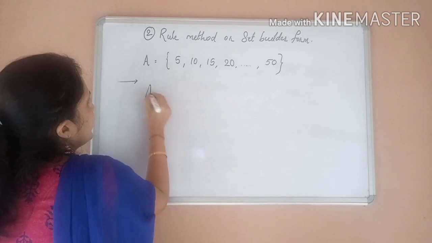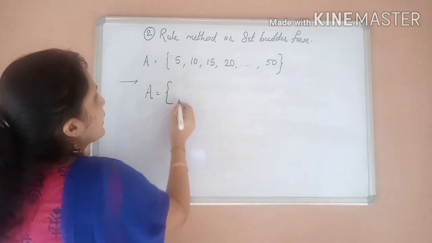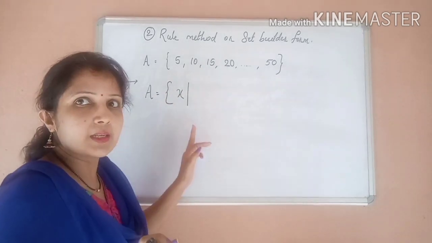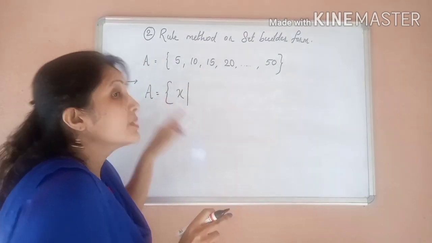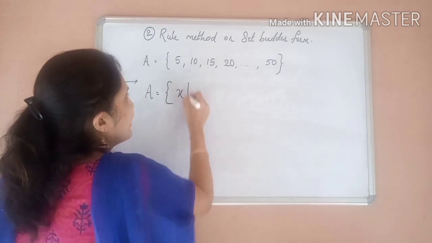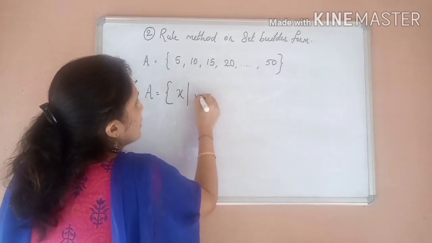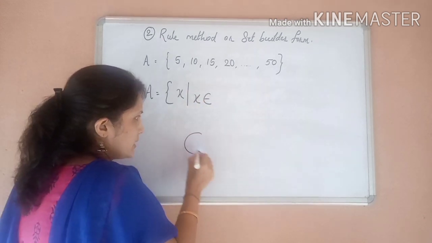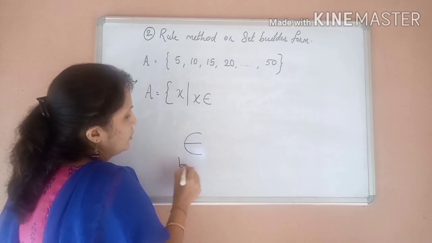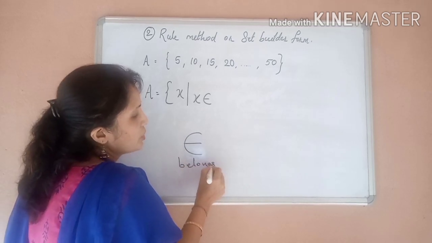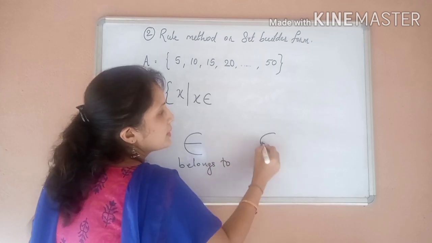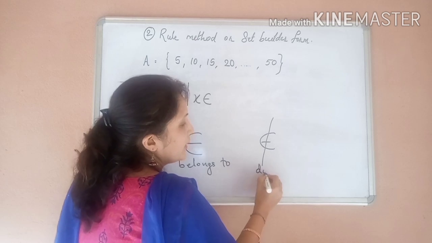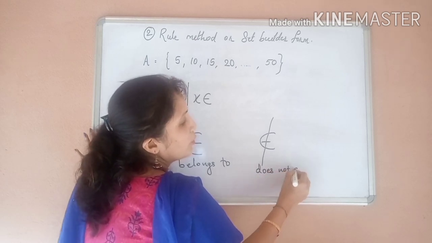Now I will write A is equal to, in the curly bracket, x such that. I said x is each element, x such that, how is x? The line is called such that. x belongs to, remember like this. Okay, this is belongs to. If we put a slash on that, it will be does not belong to.